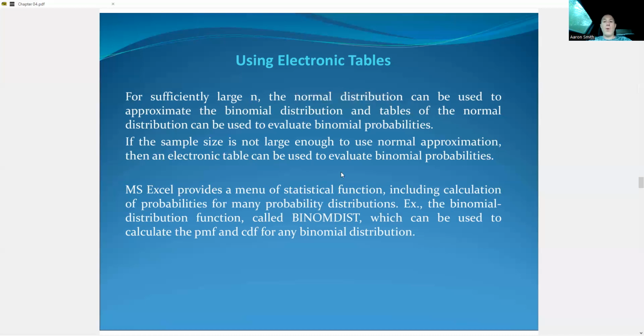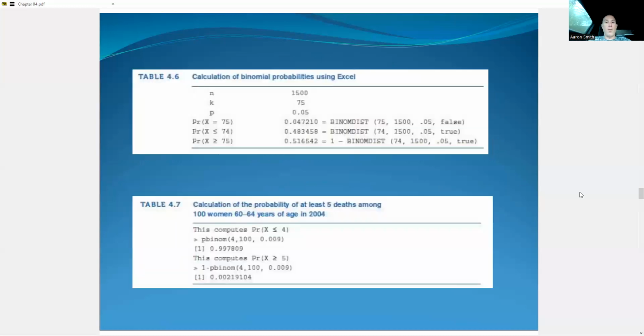Usually, if you just tell SPSS, Python, R, whatever to do the calculations, it will automatically do this for you. And so here is an example of just running the computations. Here is R and here is Excel, doing some calculations for us.